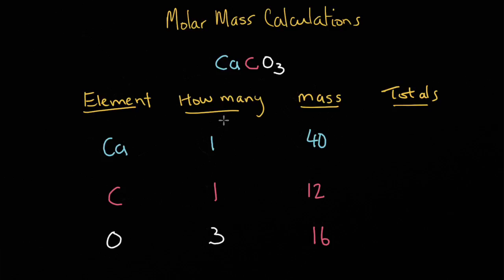The next step is to multiply the number of calciums by its atomic mass. So 1 times 40 will give us 40 grams. And we repeat that procedure with the remaining elements. So 1 times 12 for carbon gives us 12 grams, and 3 times 16 gives us 48 grams.